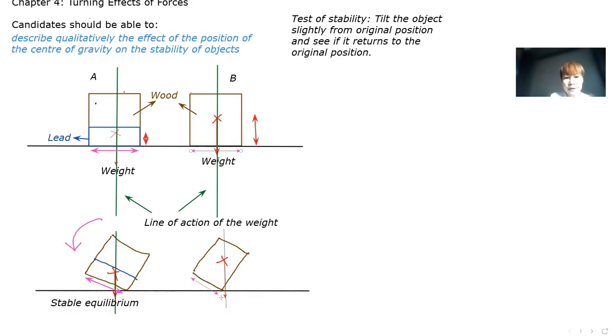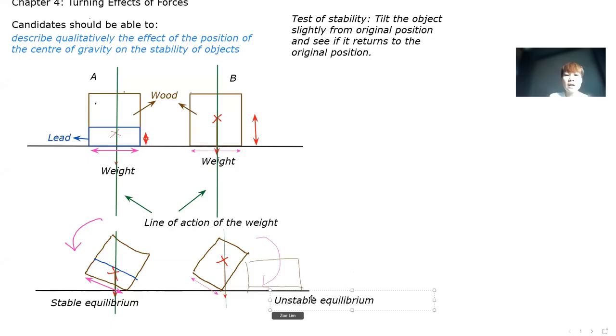Now, when this happens, can you see that the weight will actually cause the object to turn in a clockwise fashion, and therefore the object will not return to its original position, but it will fall to the ground. Okay, and therefore this is what is known as unstable equilibrium. So B has unstable equilibrium.